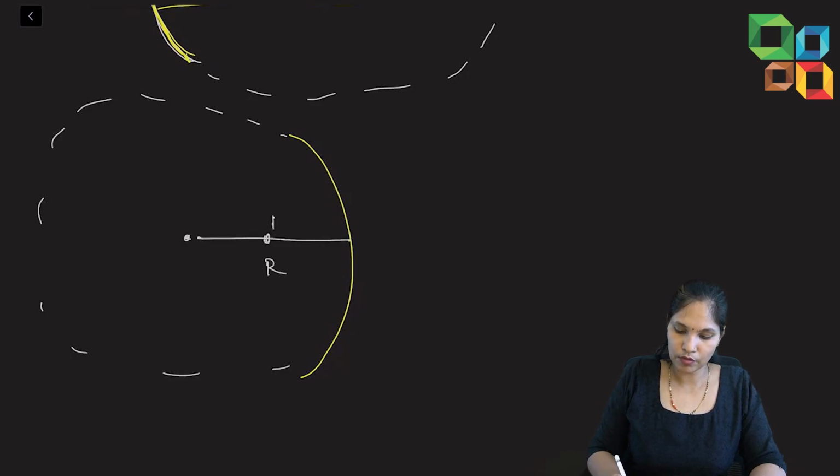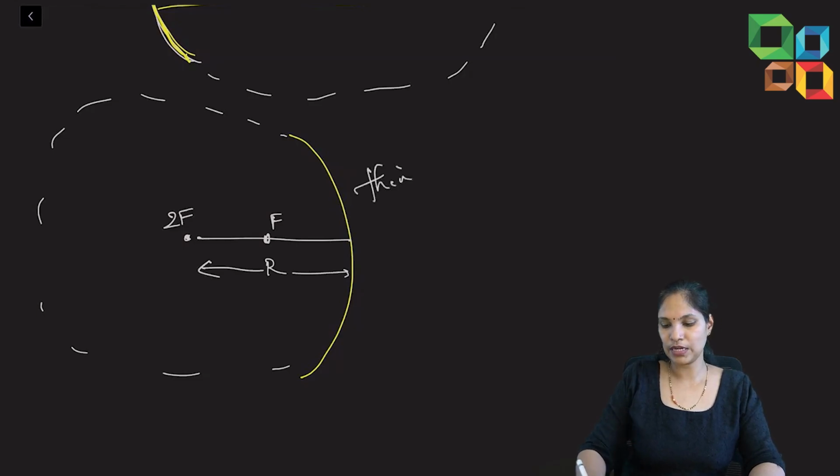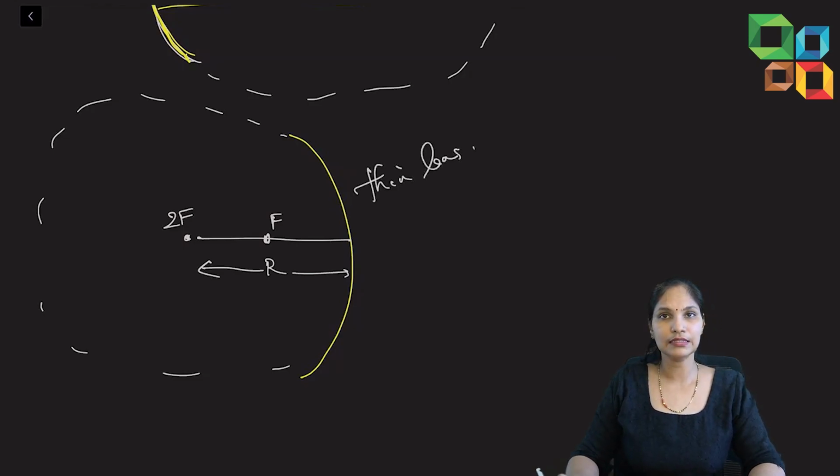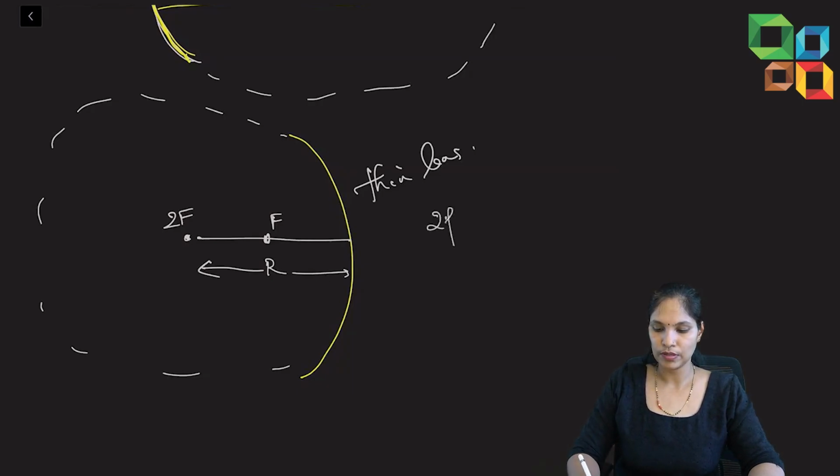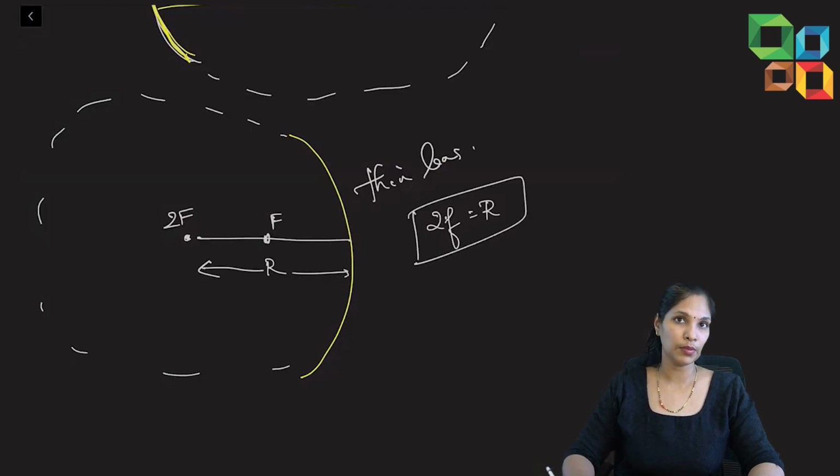So exactly half of it is the focus, and exactly the center is 2f. But this is only for thin lens. Keep that in mind. So almost 2f is equal to r. You have learned this actually from mirror. This is almost applicable for lens also, for thin lens only.